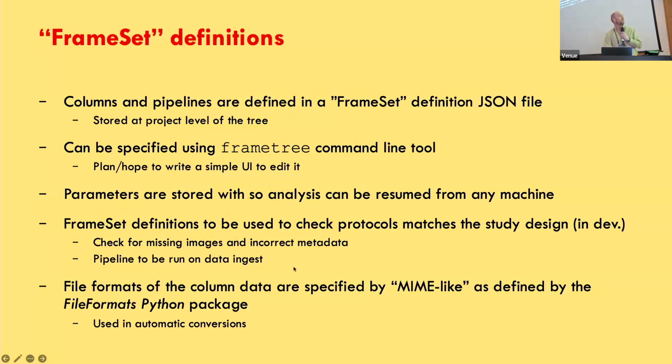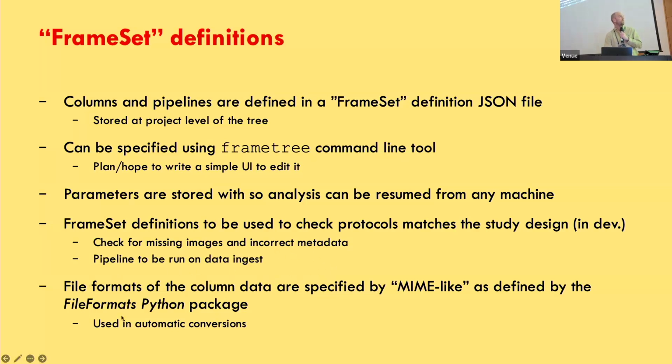Another feature that we're working on is, once we have these definitions in place before you acquire your data, you can use them to make sure that all the right scans were acquired and pushed up successfully to the repository, and that the metadata checks out.